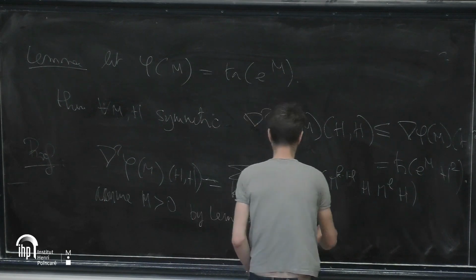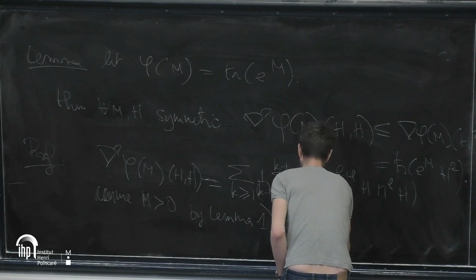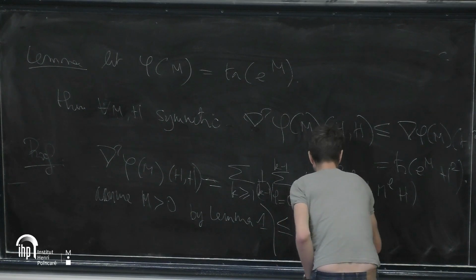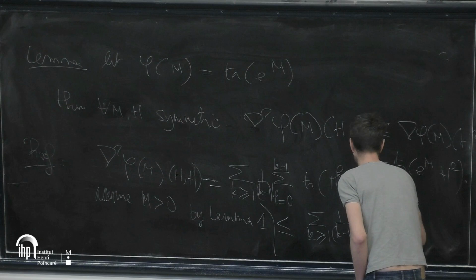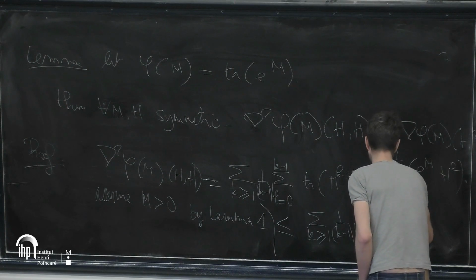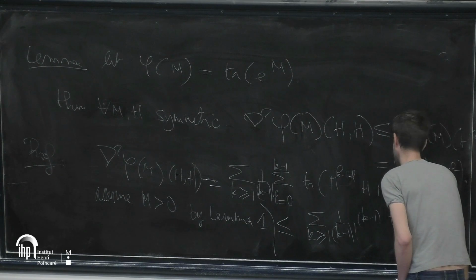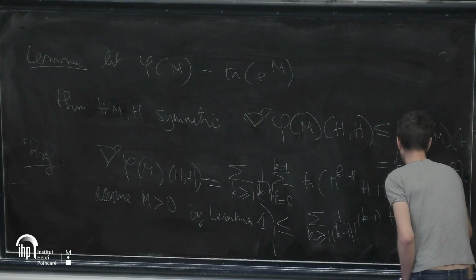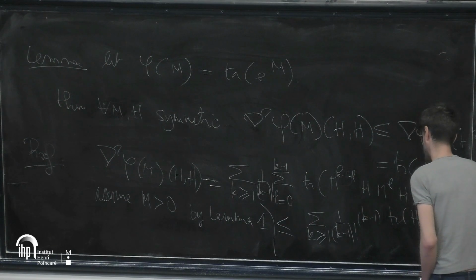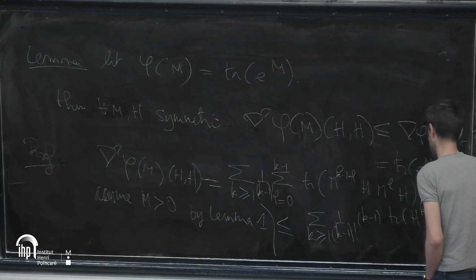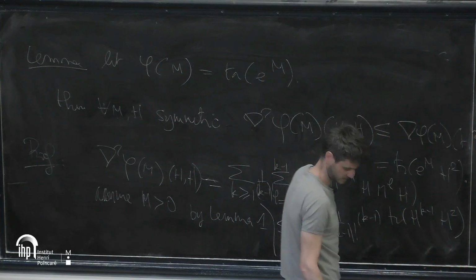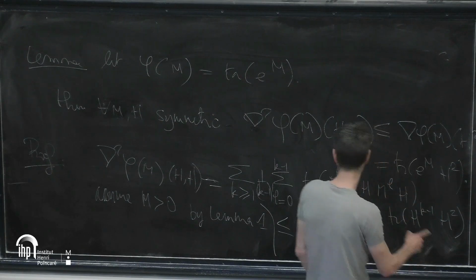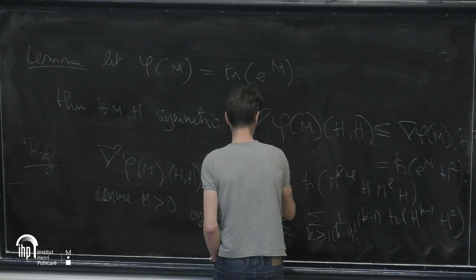You get that this is less than the sum over k of 1 over k minus 1 times k minus 1 trace of H to the k minus 1. Oh, something is wrong. Okay, I knew I would make a mess of it. No, this was 1 over k, sorry.